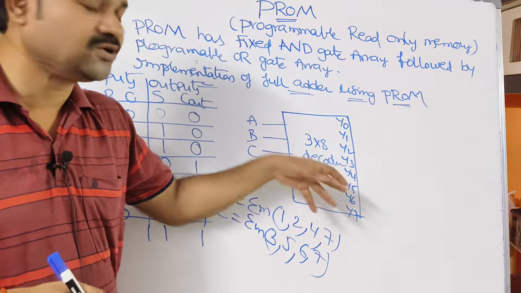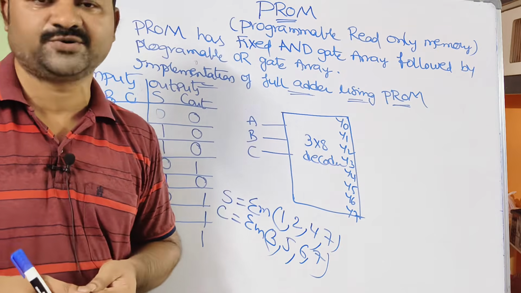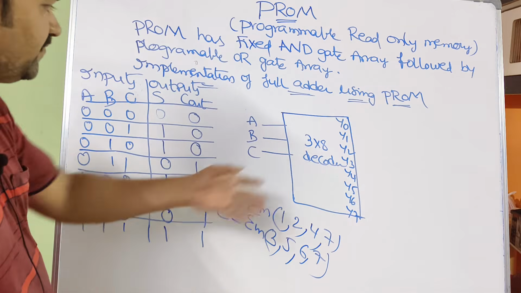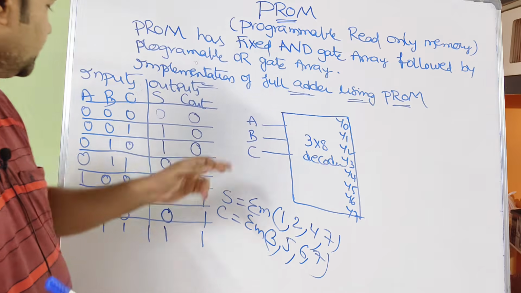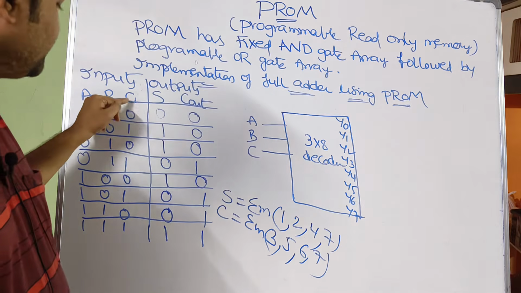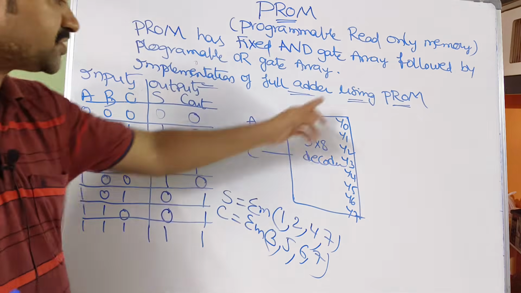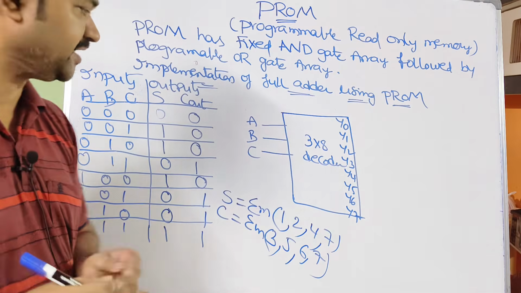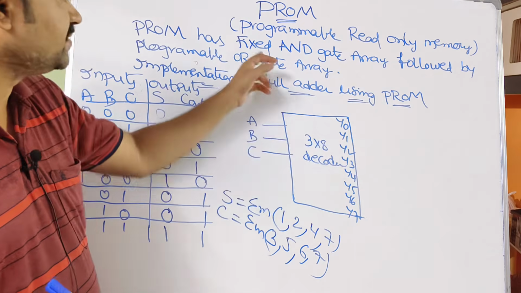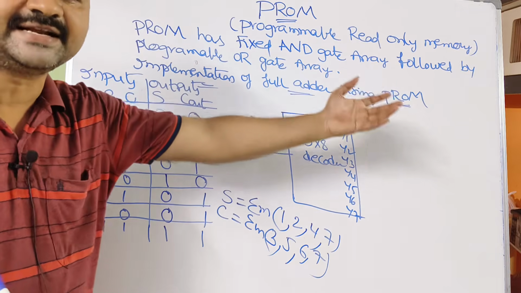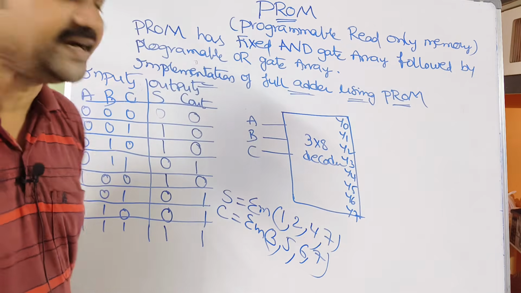Here we have a 3-to-8 decoder. The inputs are A, B, C, whereas we have 8 outputs from Y0 to Y7. This decoder is nothing but a fixed AND gate array.